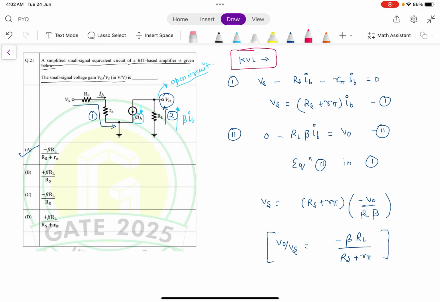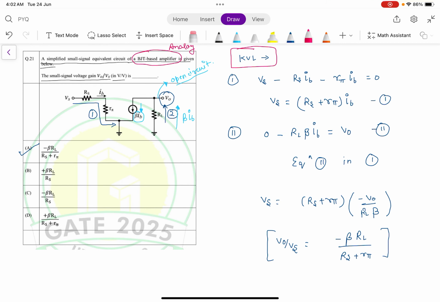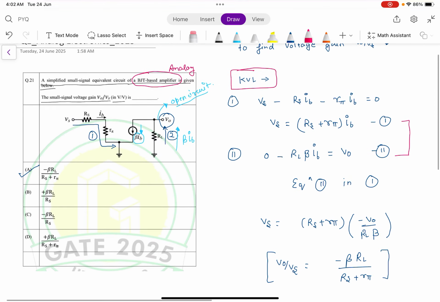So sometimes the questions look like they are from analog, but they are basically network questions, I can say, because if someone doesn't know about the pi model or its minimized form, one can go through the network analysis, solve only the KVL equations, and find the voltage gain. Thank you.